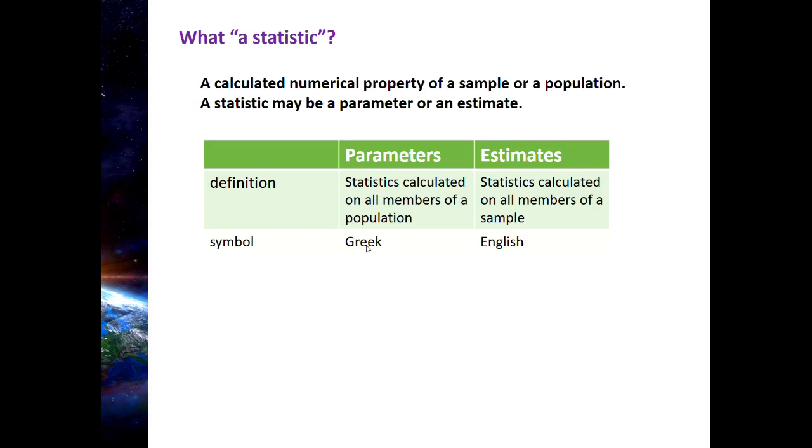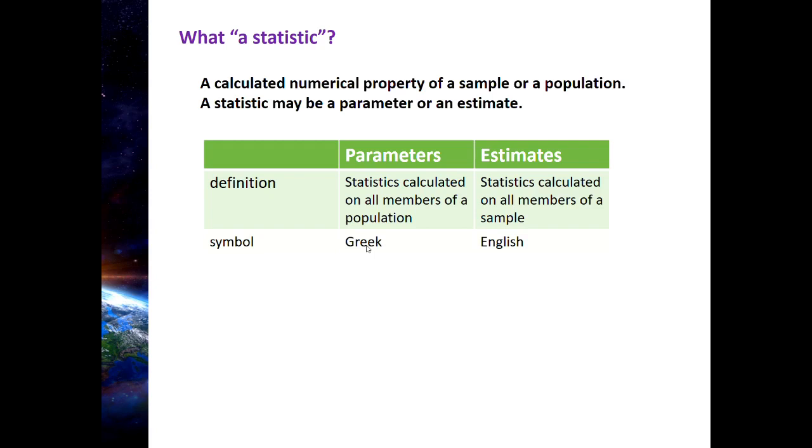Estimates are statistics, in other words, numerical calculations that represent a property of the sample. So if I calculate the mean friendliness score in your class and the class is only a sample, then it's an estimate. And it actually makes sense, right? Because a sample doesn't include everybody. So anything we calculate on the sample, by definition, must be an estimate, okay?